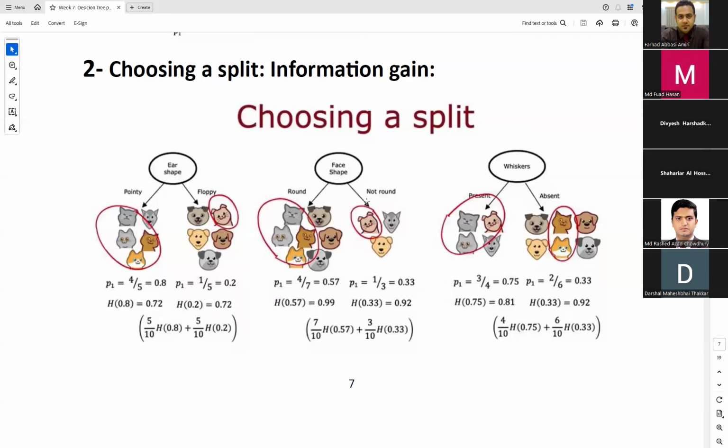For the next example, 4 over 7, P1, and then you calculate H of P1. And then for the right branch, 1 over 3, 1 cat out of 3 animals, and then calculate H of P1, 0.99, 0.92, right?